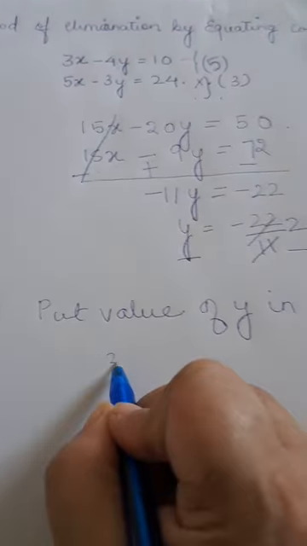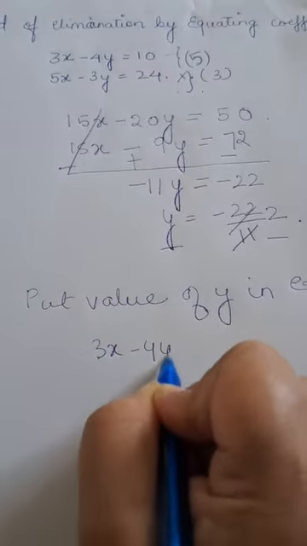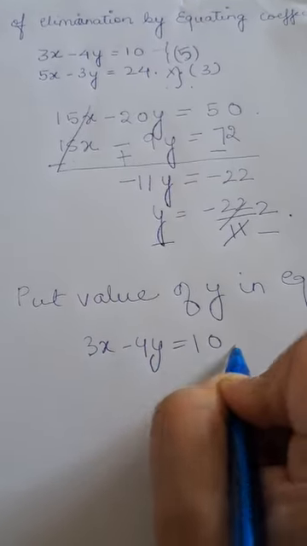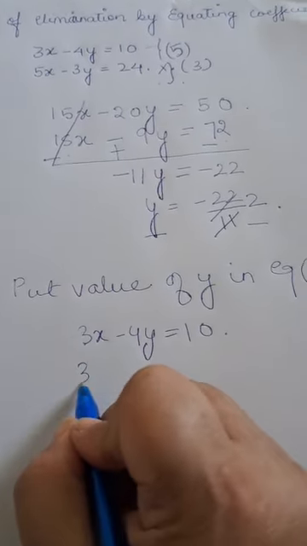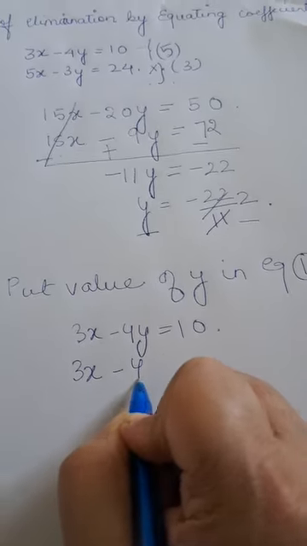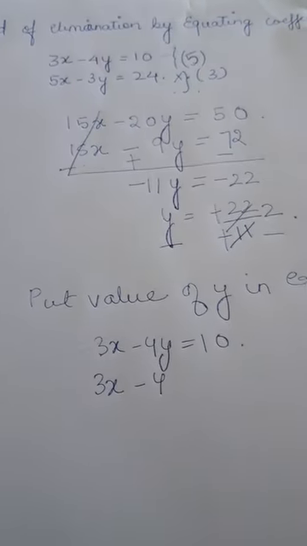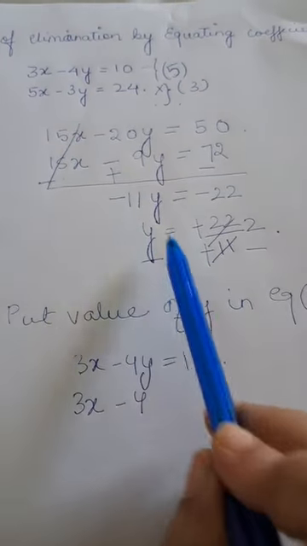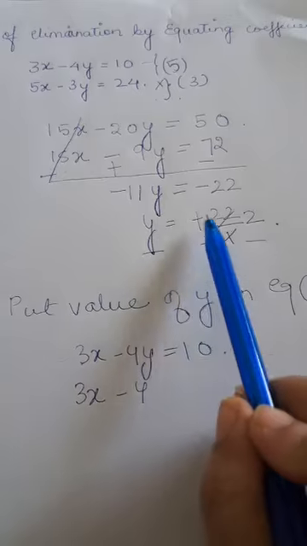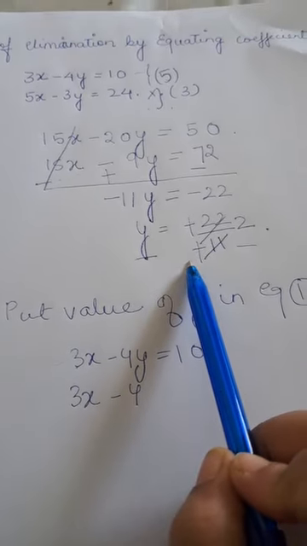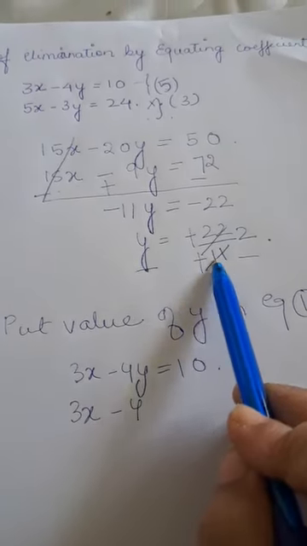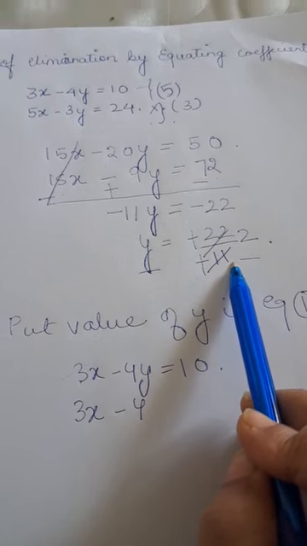So equation 1 was 3x minus 4y is equal to 10. Fine. So 3x minus 4, and here it will be minus into minus, that is plus, because minus 11 comes here. The value of y turns out to be 2.